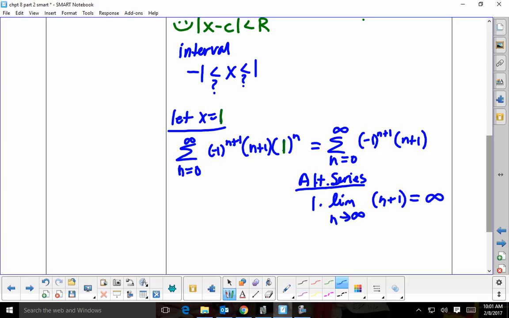I don't even have to finish the alternating series because I know that this diverges by the nth term test. So on this one, there's no bar. Agreed? It's not equal to. We've got that checked off.